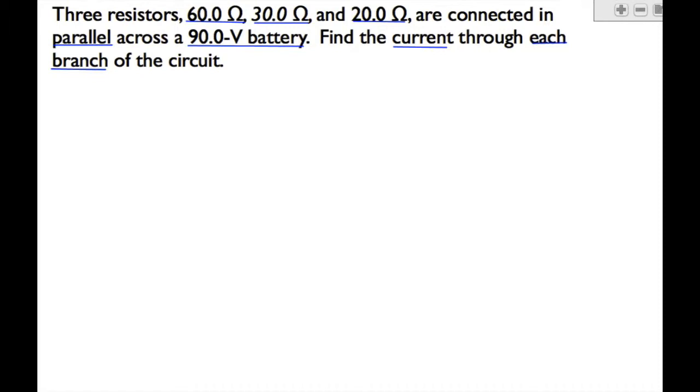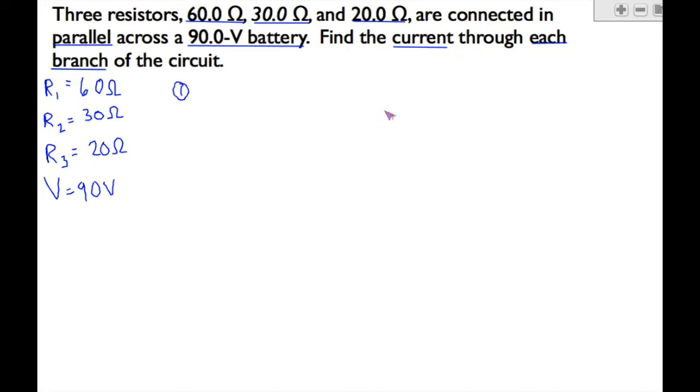So to do this, we have resistor 1 is 60 ohms, resistor 2 is 30 ohms, and then resistor 3 is 20 ohms, and the voltage is the same across the entire circuit, so the voltage is going to be 90 volts.